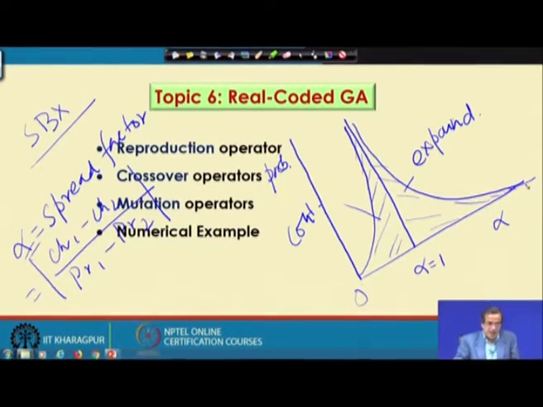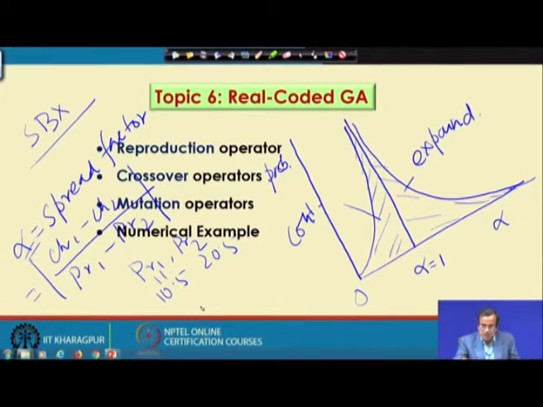Supposing that I have two parents, parent 1 and parent 2, with some numerical values, say one could be 10.5 and another 20.5, and using these two parents I have to find child 1 and child 2.